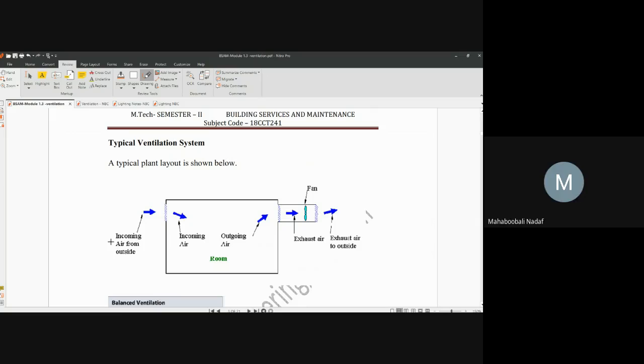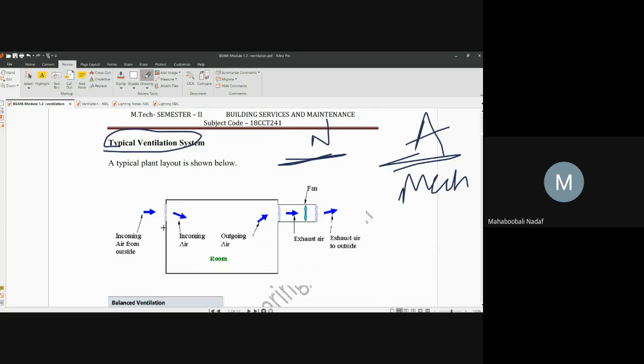Very good. Now, typical ventilation systems. See, there are so many classifications you can make: natural ventilation, artificial ventilation, and the mechanical ventilation. We call it mechanical ventilation. In natural ventilation, only openings are provided, inlet and exit. Try to understand this concept.